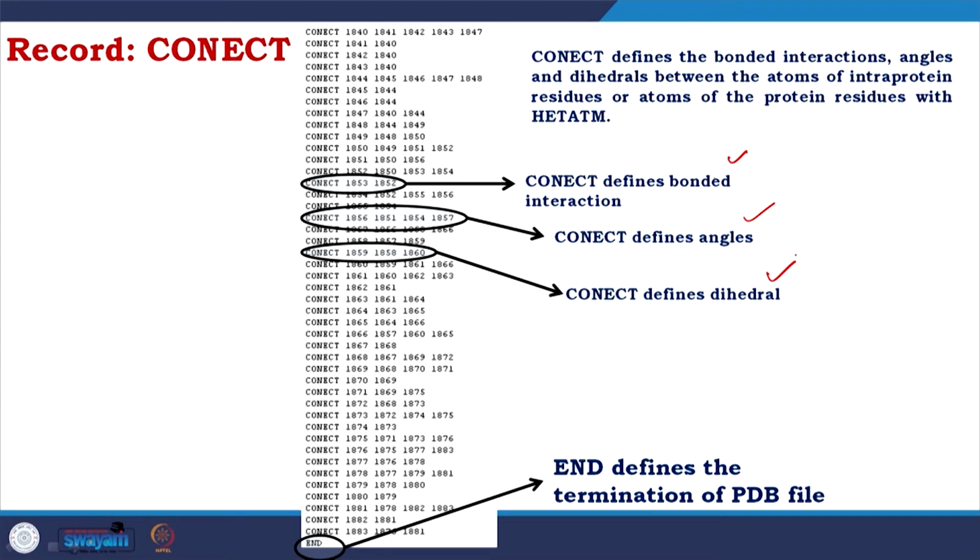Why? Because now all the standard softwares already calculate this and take them immediately. So, you do not need to have a CONNECT file, because the CONNECT file would be calculated and created by the software. At the end of the PDB file, you have to write END.